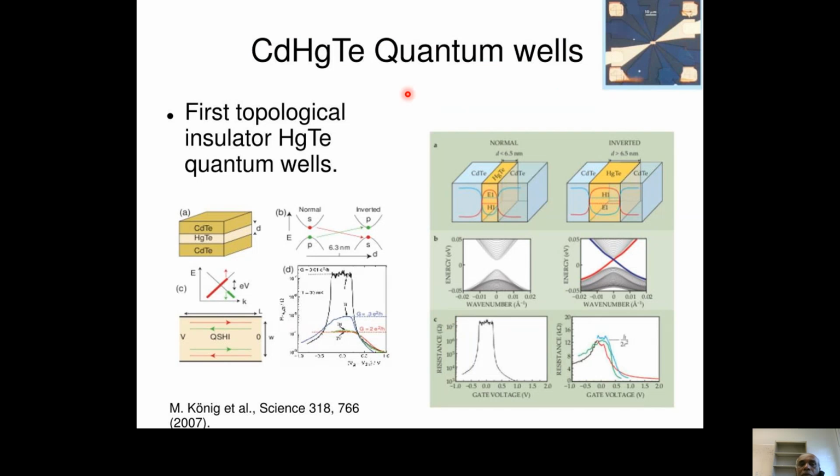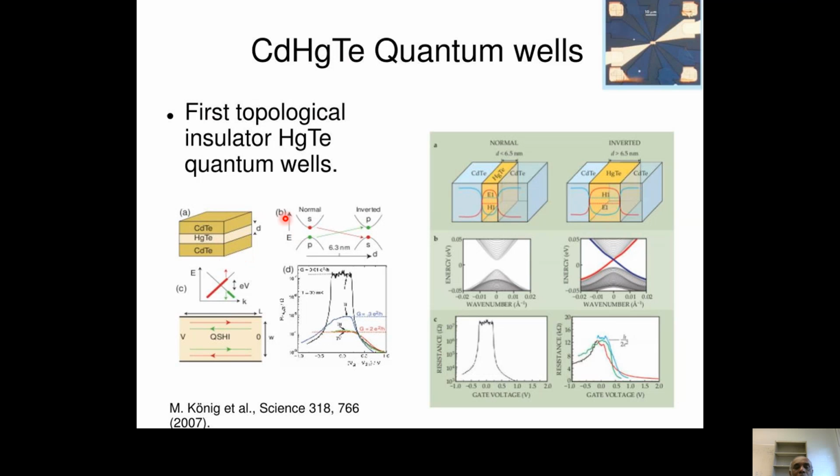So this is actually the first topological insulator people have discovered. This is coming from cadmium mercury telluride. So you have the mercury telluride sandwiched between two cadmium telluride layers. It's like a superlattice structure here, right?